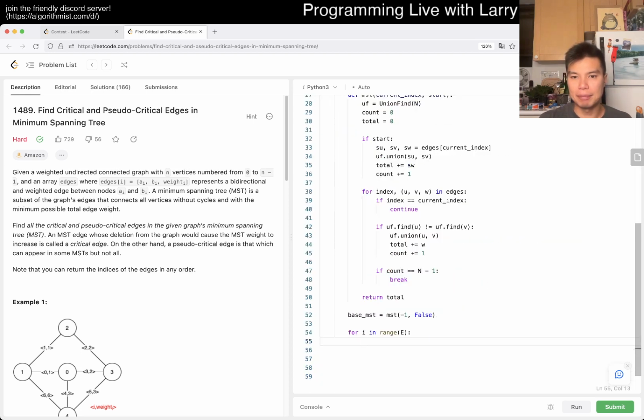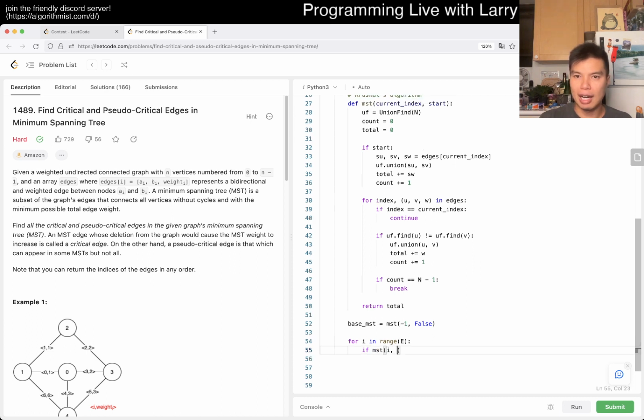Otherwise, so if MST of i, let's say we start this. If this is equal to base MST, that means that this edge is part of at least one MST, then it is at least pseudo-critical.